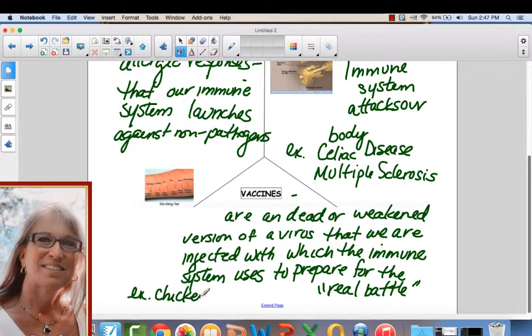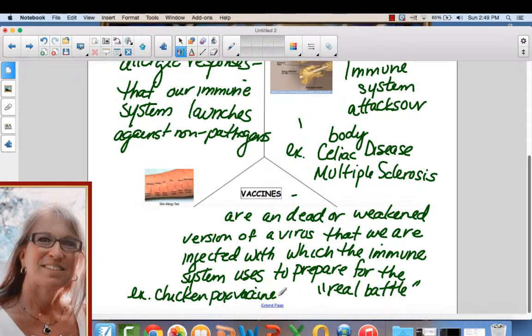So an example is the chickenpox vaccine. When you go to college, you're going to have to get a meningitis vaccine. So what happens is they take a dead or weakened version of chickenpox, the actual virus, and they inject it into your body. And your immune system goes, invader, invader, invader, and launches an immune response.